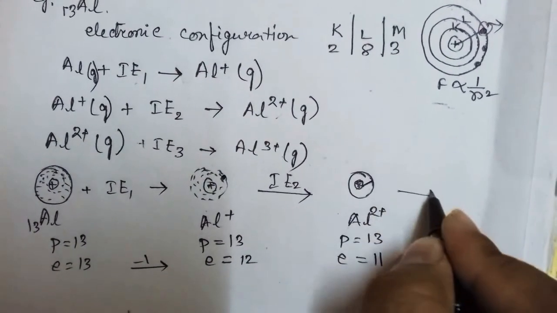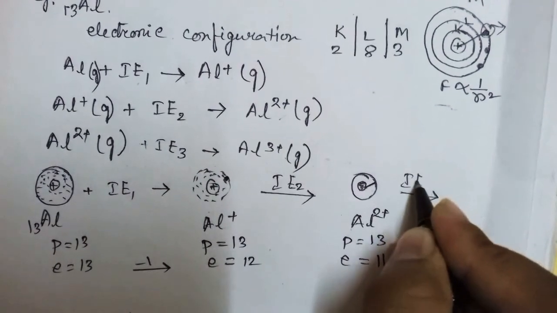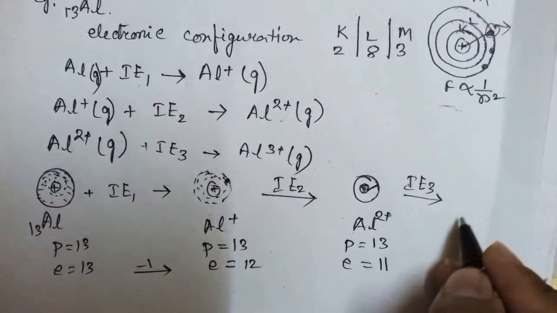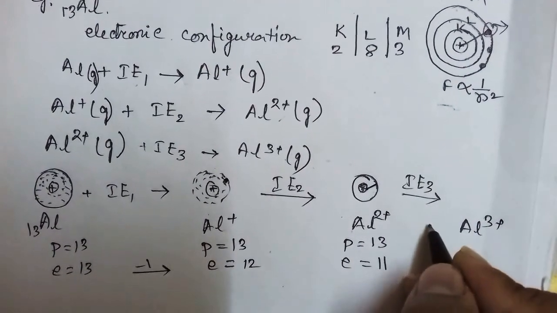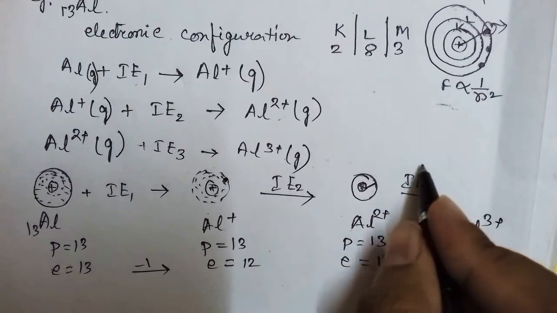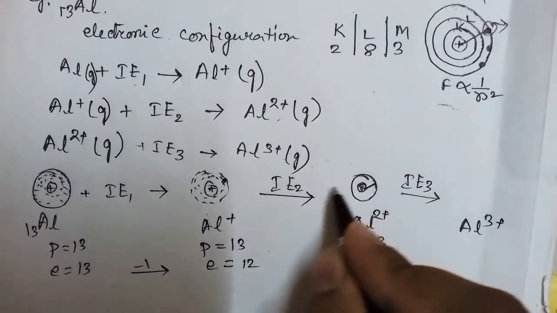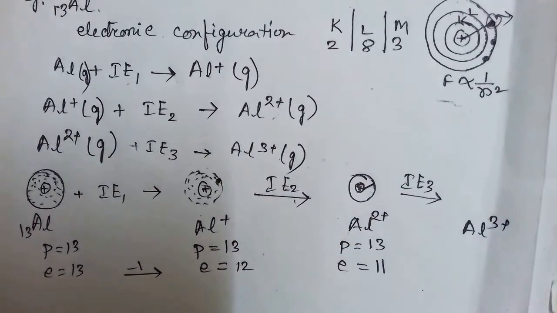And if we give IE3, that is the third ionization energy, Al will be Al3 plus, right? So the required amount of energy will be greater than the previous one.